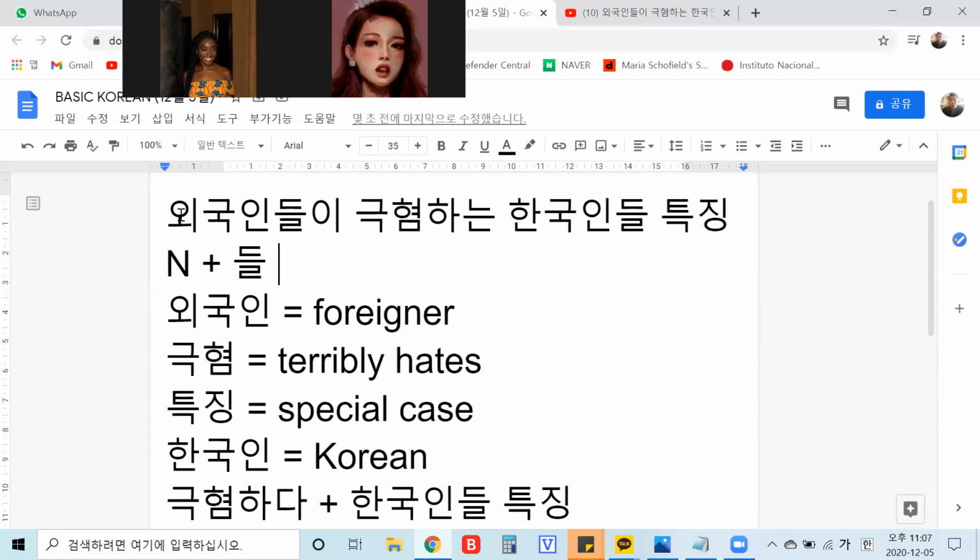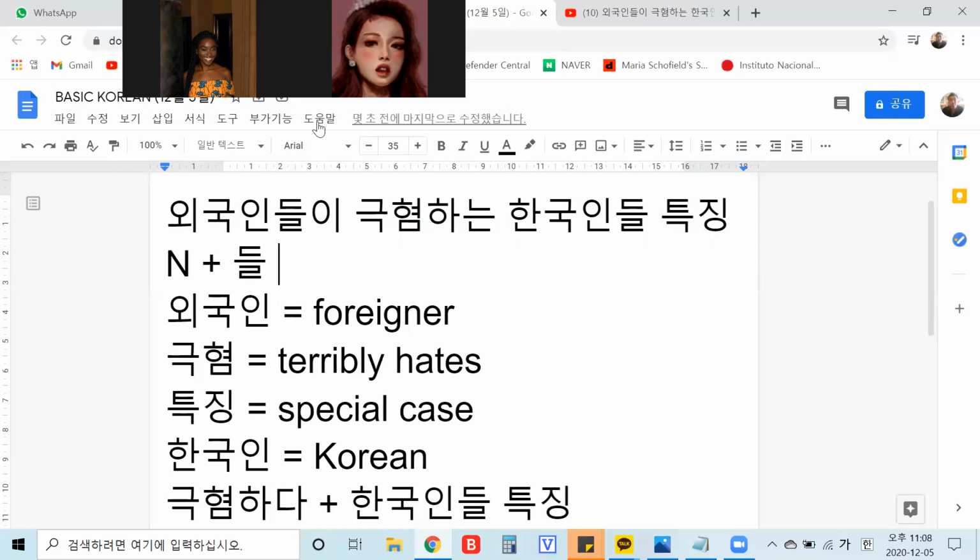Very well done. Foreigners, the Koreans, so they hate Koreans. Yes, they hate Koreans, some special cases of Koreans. The natural way to say it is that foreigners hate some special cases of Korean behavior. Okay, very good, well done, Janet. Thank you.